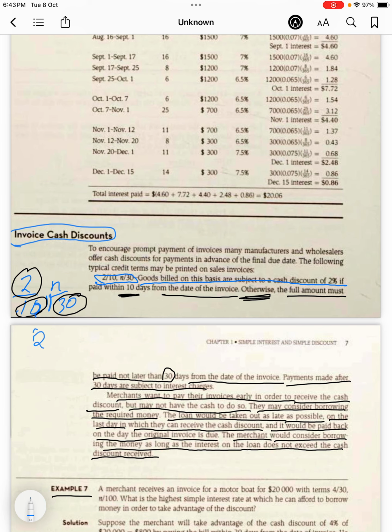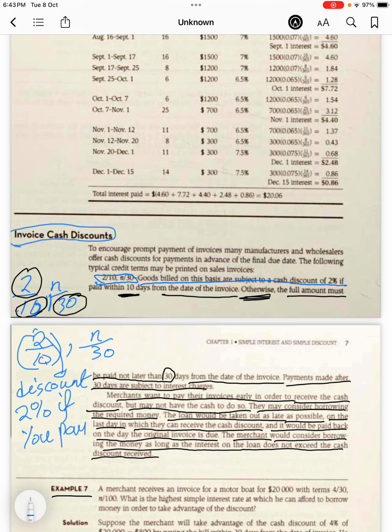Here 2/10, n/30 means you have a discount of 2% if you pay before 10 days.